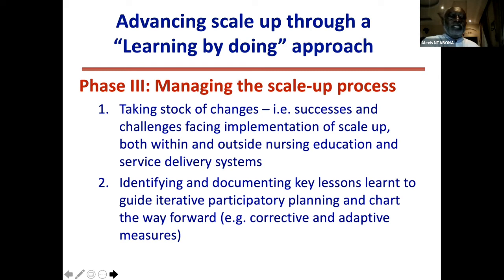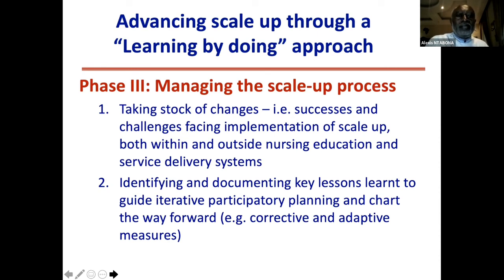Speaking of documentation, they also needed to identify and document key lessons learned, because these lessons needed to guide iterative participatory planning and chart the way forward, which is making some corrective and adaptive measures to make sure that the innovation is actually taking shape for scaling up.